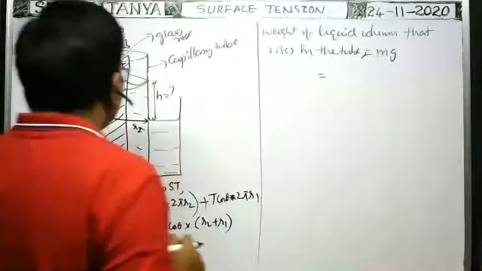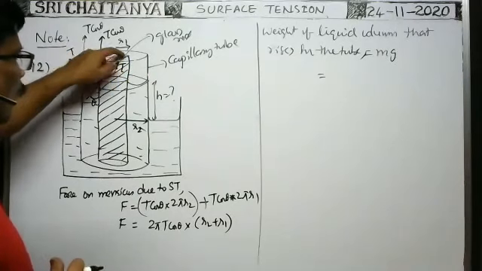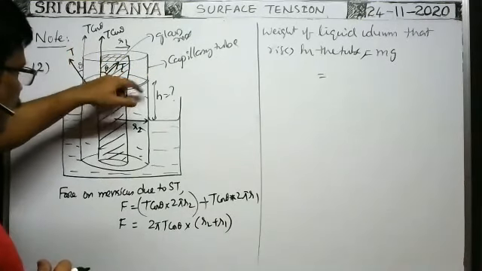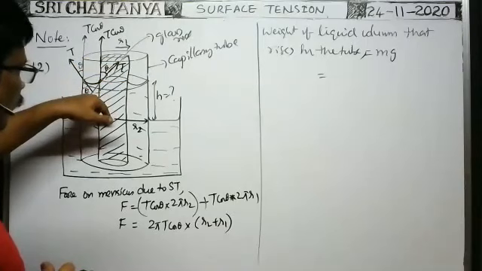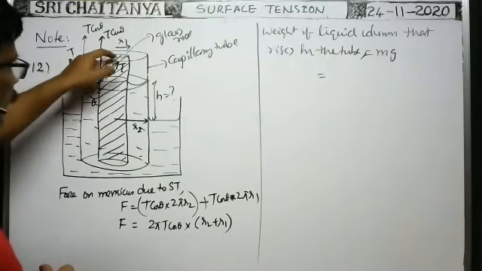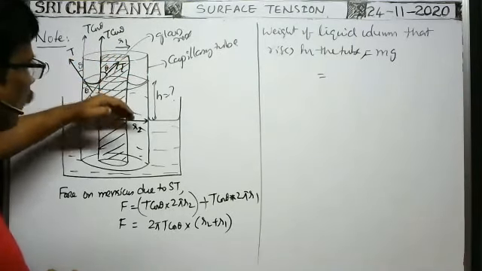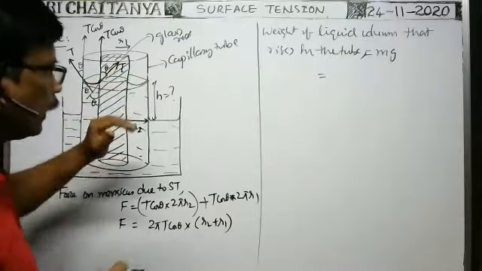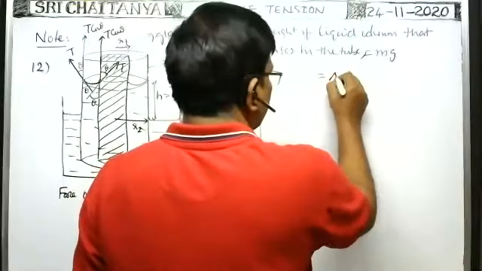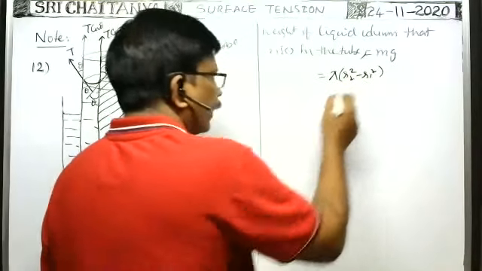The area of cross section of this liquid column inside the capillary tube: as the rod is there, we have to subtract the area of cross section of the glass rod from the total area of cross section. Then that gives the area of cross section of the liquid column of height h. That is why the area of cross section is pi R2 square minus pi R1 square.